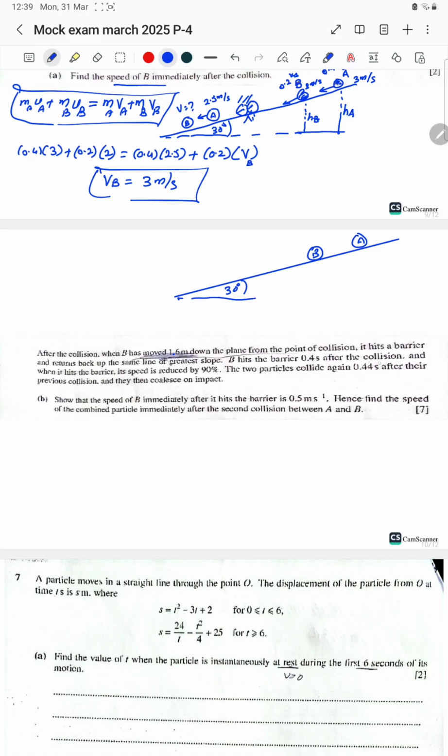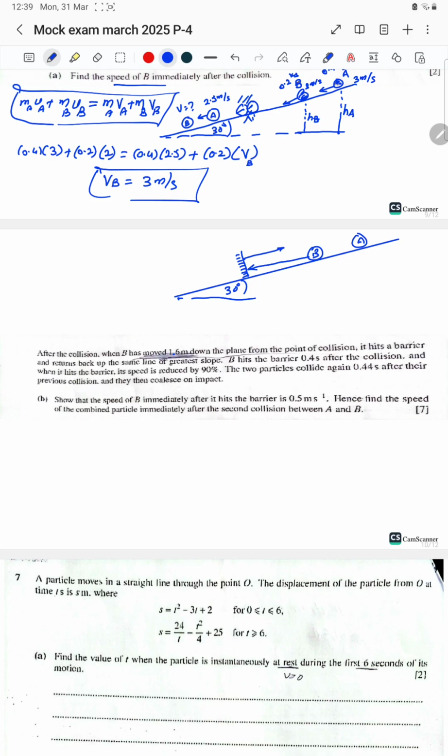B hits the barrier. Suppose here we have a barrier. It hits the barrier and returns back up the same line of greatest slope.